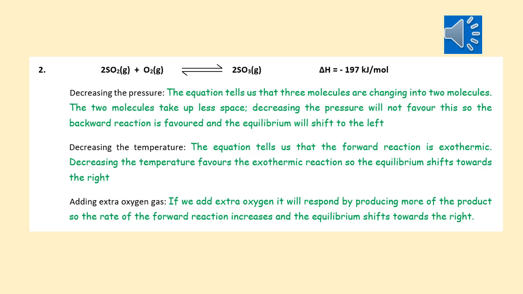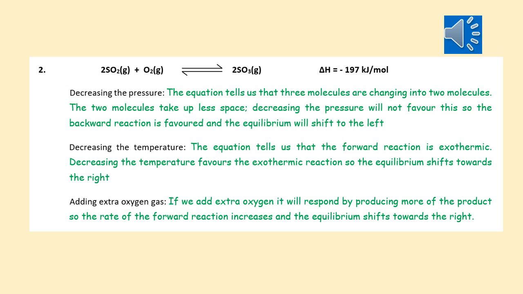And if we have a second example of 2 SO2, so that would be sulfur dioxide, reacting with O2, that's oxygen, to give us 2 molecules of SO3, which would be another form of sulfur oxide. Okay, so first of all you have a look and say, right, how many molecules have I got on the left? Well, I've got 2 SO2 and 1 O2.